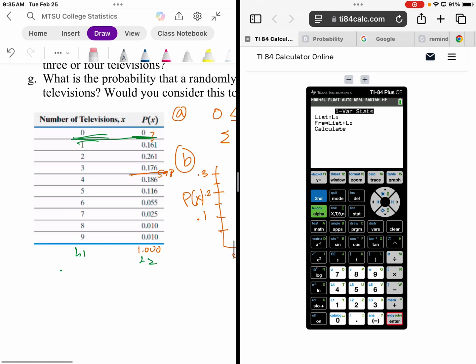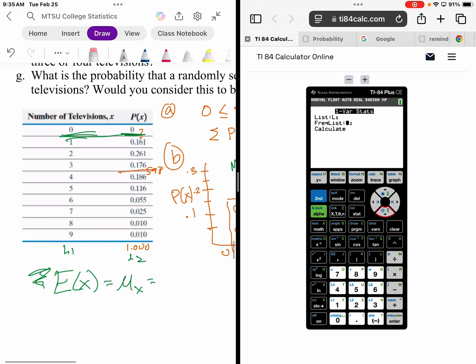And so again, my expected value, my E of X, which is also equal to my mu X, as I go down here and press calculate, is 3.21. That's the expected value, or the mean. My standard deviation would be 1.7366.